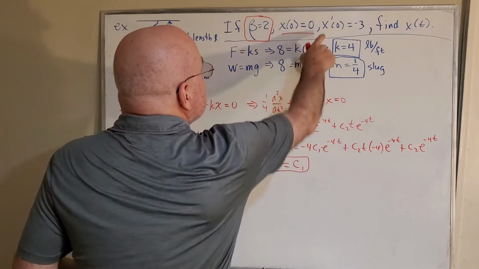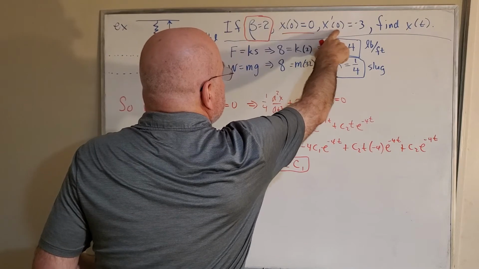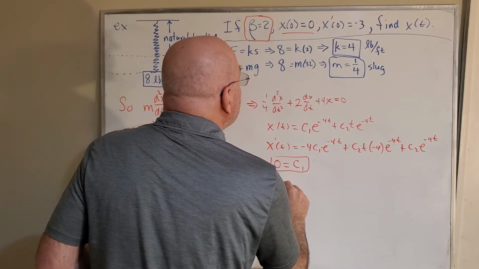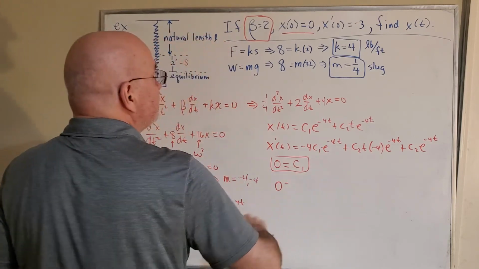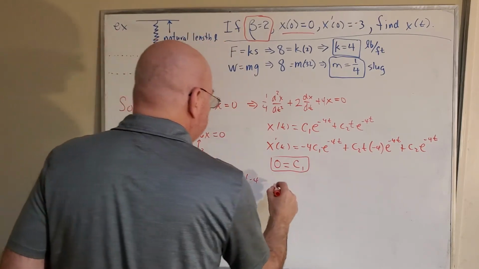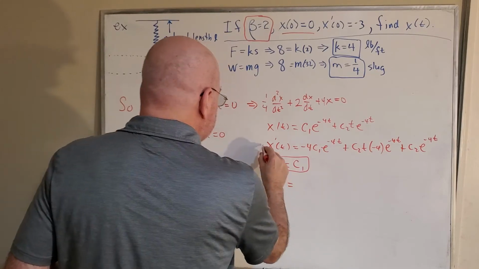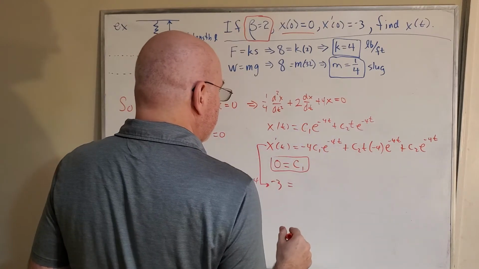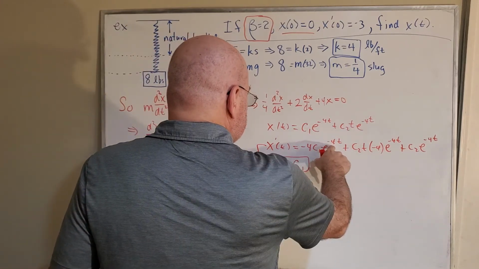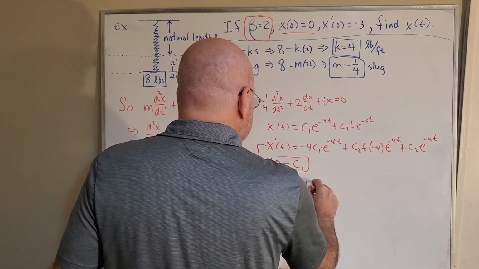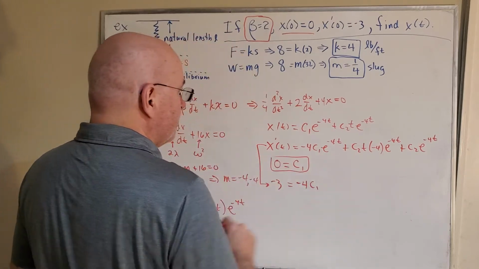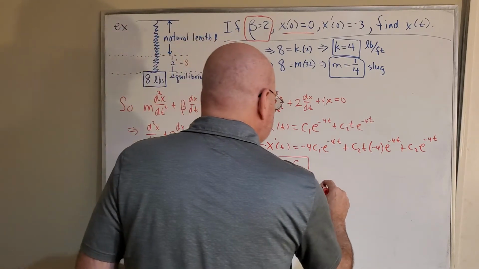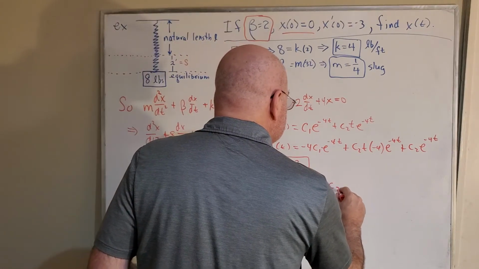And then the next one says that x prime is negative 3 when t is 0. So now we're using this equation, and now we need to make t a 0. If t were 0, we get negative 4 c1. This t would make that term go away because t is 0, plus c2.